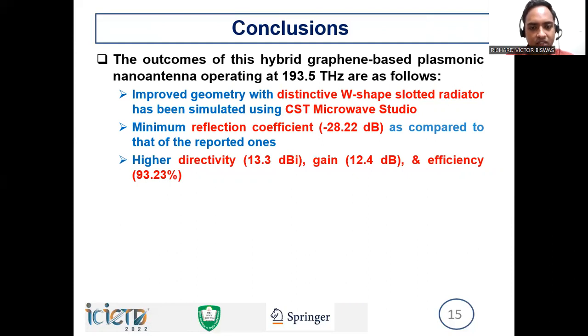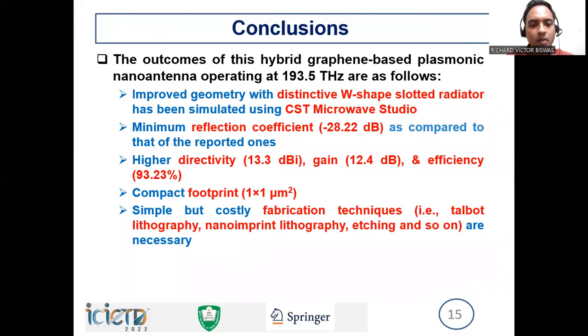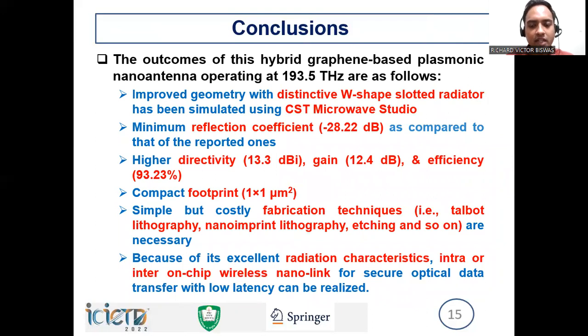Higher directivity of 13.3 dBi, gain of 12.4 dB, and efficiency of 93.23% have been acquired. Compact footprint of 1 by 1 micrometer square. Its fabrication is simple but costly, requiring techniques like Talbot lithography, nanoimprint lithography, etching, and so on. Because of its excellent radiation characteristics, an inter- and on-chip wireless nanolink for secure optical data transfer with low latency can be realized.